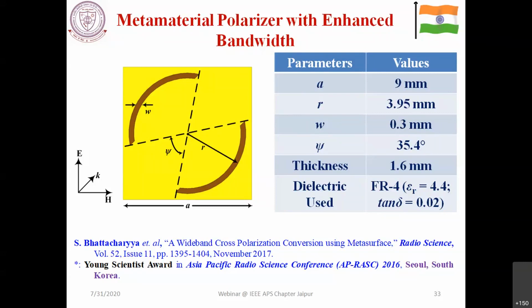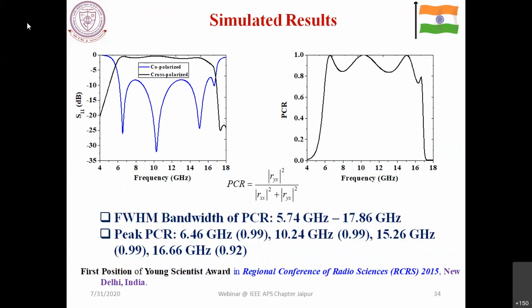Next question is, why and when do I need cross polarization and copolarization measurement? This is done whenever you want to prove your structure is a polarization converter. In the case of an absorber, the co-polarized reflection is minimum, and simultaneously the cross-polarized reflection should also be minimized.